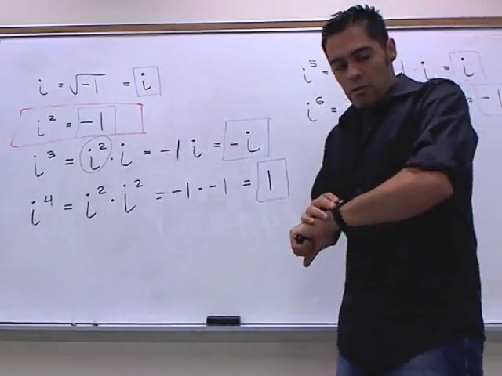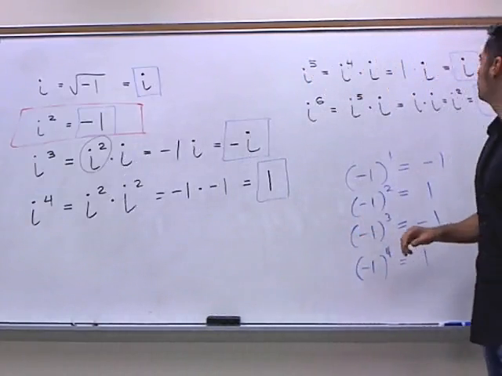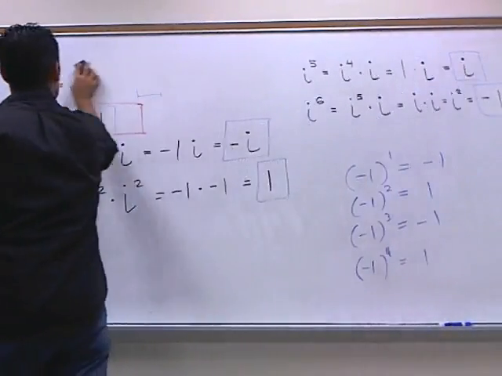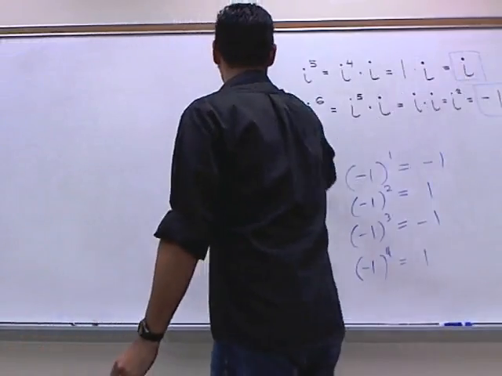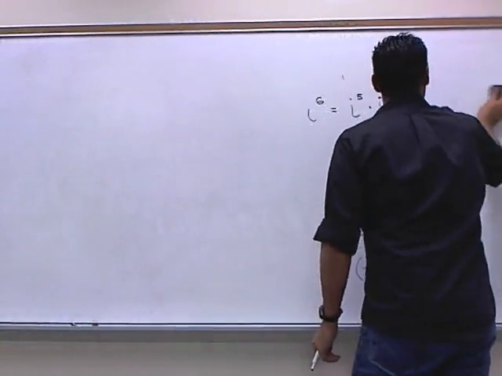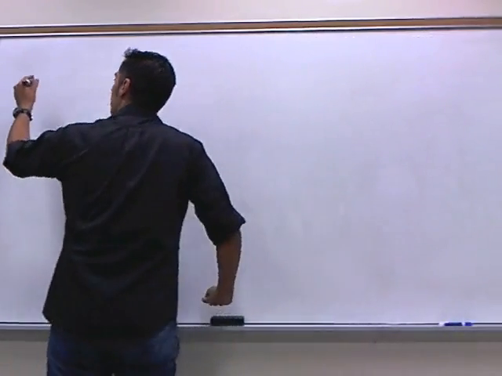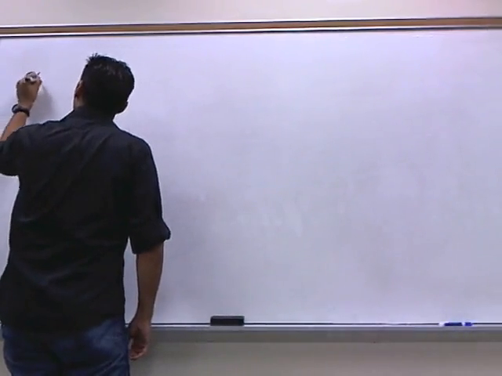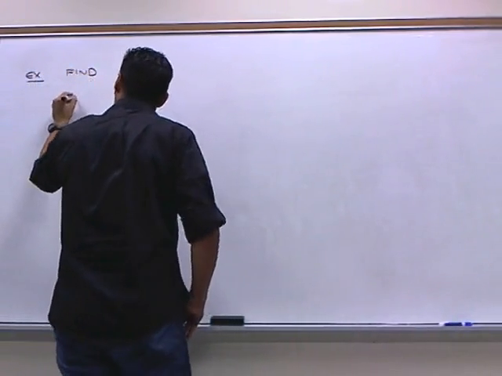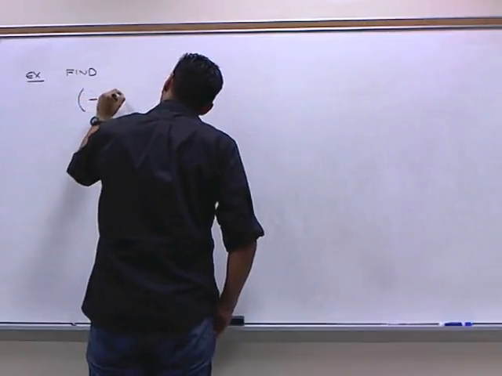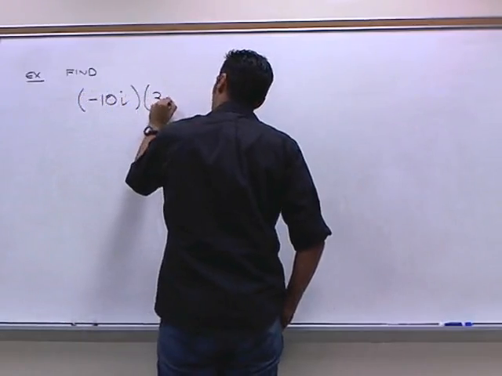Let me show you why that one's important. Here's one on the imagination. Find what this is: -10i times 3i.